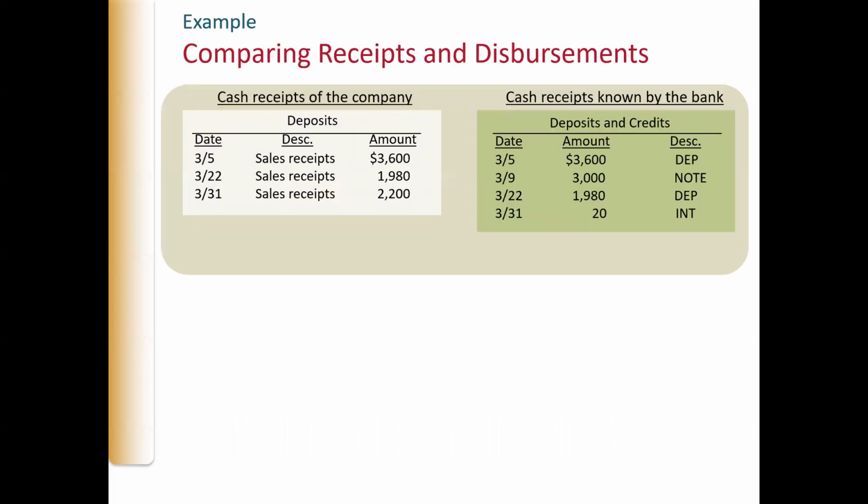So here we see the cash receipts of the company, and we see the cash receipts known by the bank. We see the $3,600 on both the company and the bank, and we see the $1,980 deposit that was in the company and that was in the bank.